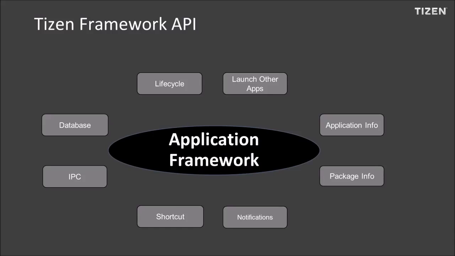The Application Framework provides API for handling application lifecycle, launching other applications, getting information about available applications and packages in the system, using the notification area and application home screen icon to display application updates, creating shortcuts to the application on the home screen, communicating with other applications, and handling database interactions.